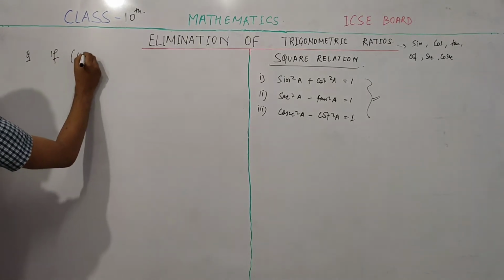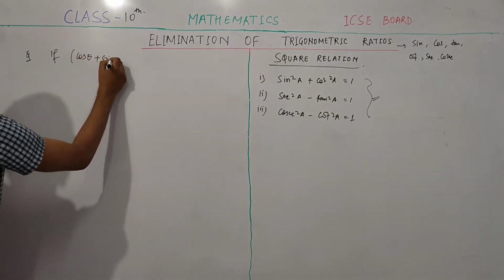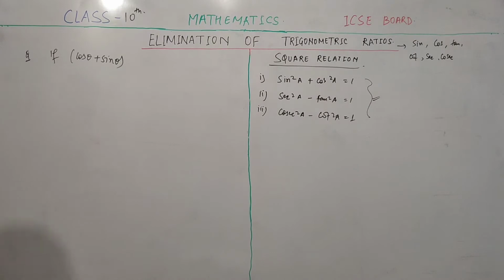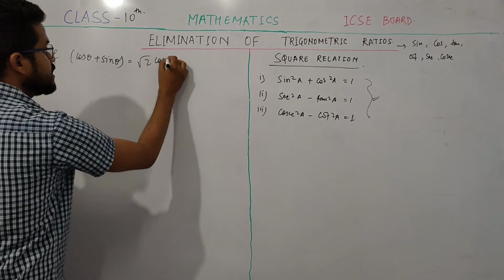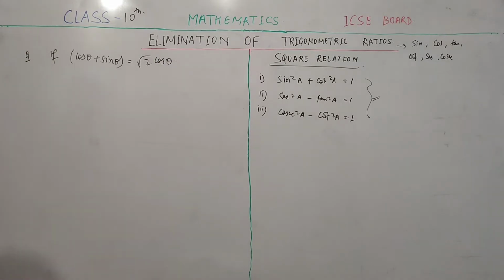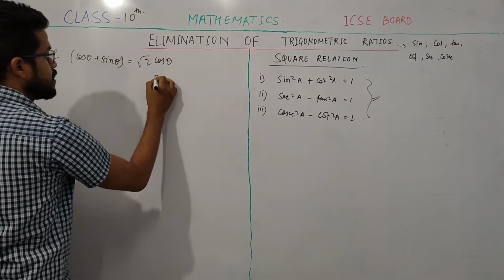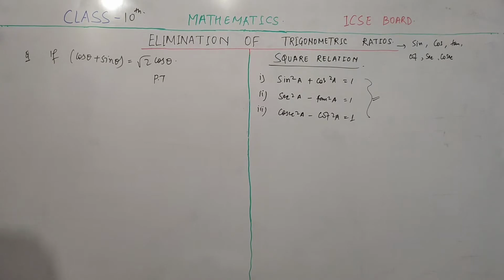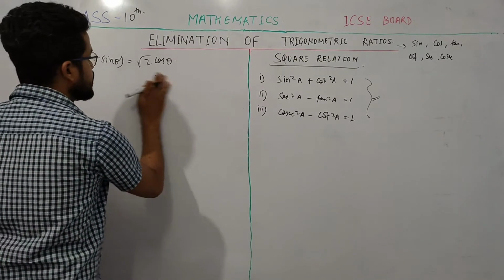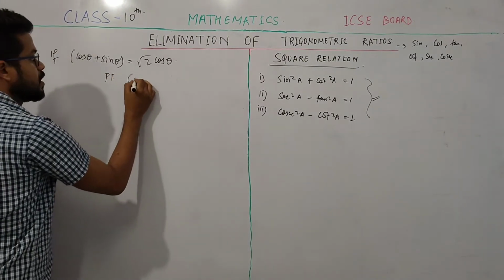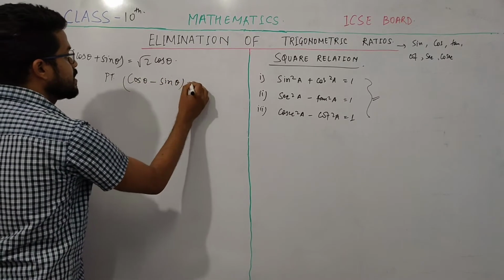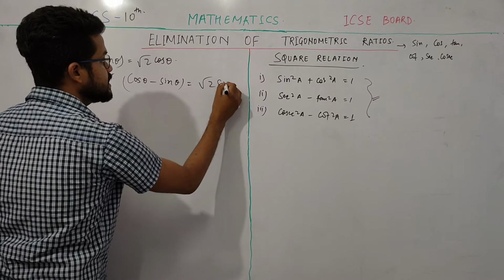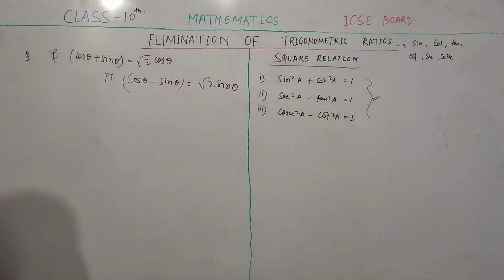If cos theta plus sin theta is equal to root 2 cos theta, prove that cos theta minus sin theta is equal to root 2 sin theta. We have to prove this one.